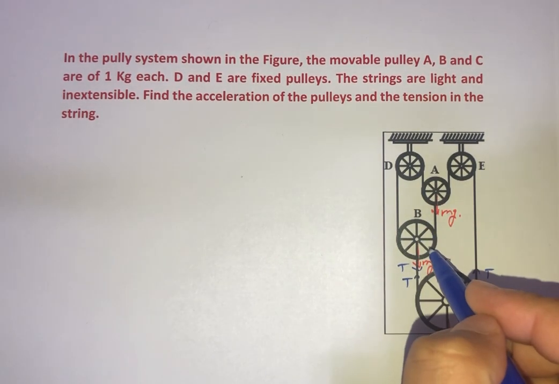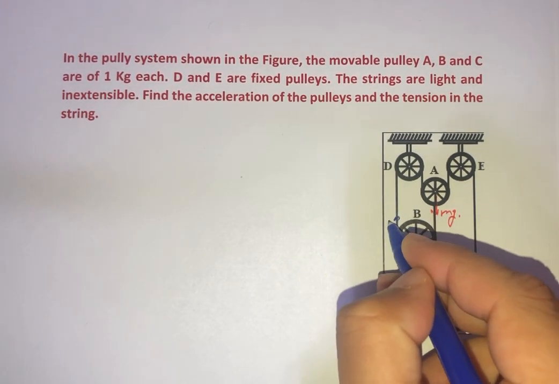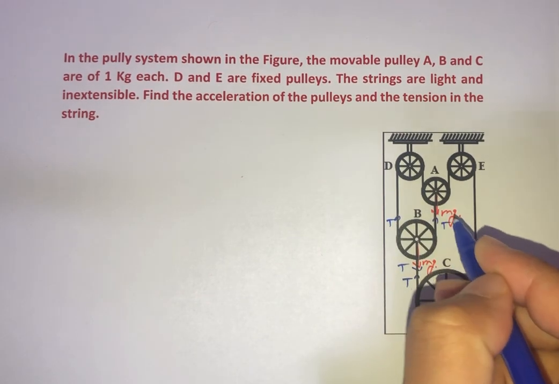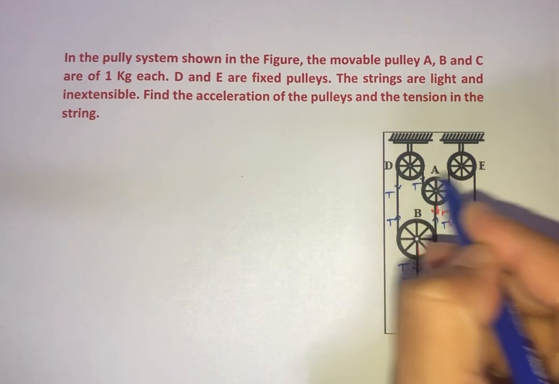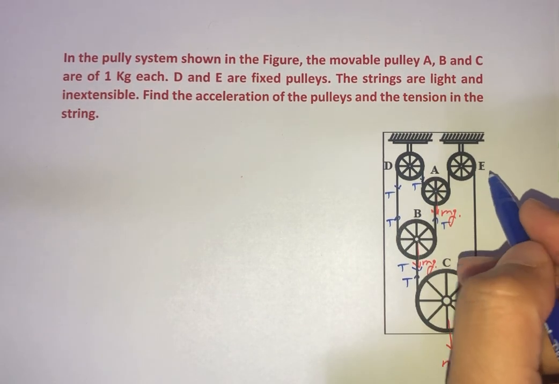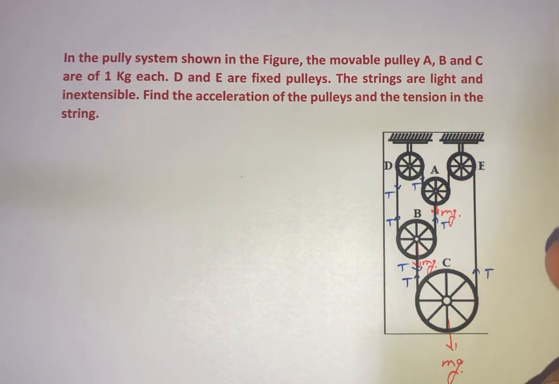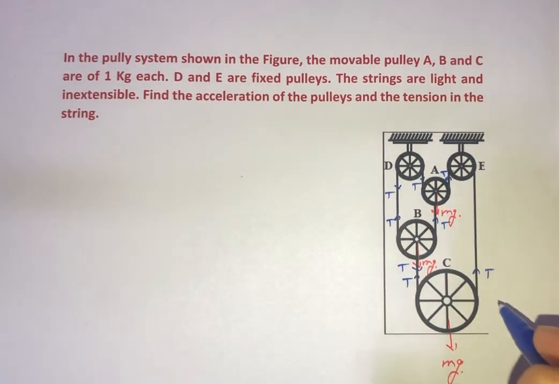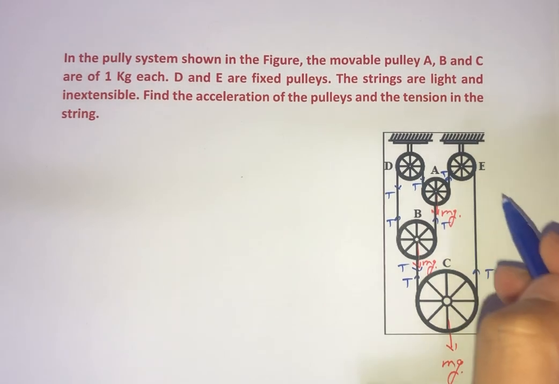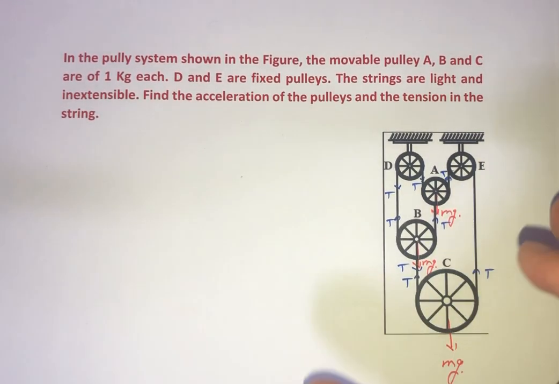Next we come to B. B is going to have T here, and then we have T here also, and finally we are with pulley E, which is having T in that direction. So this T will be the same for E. These are the basic forces which will be considered in due course.